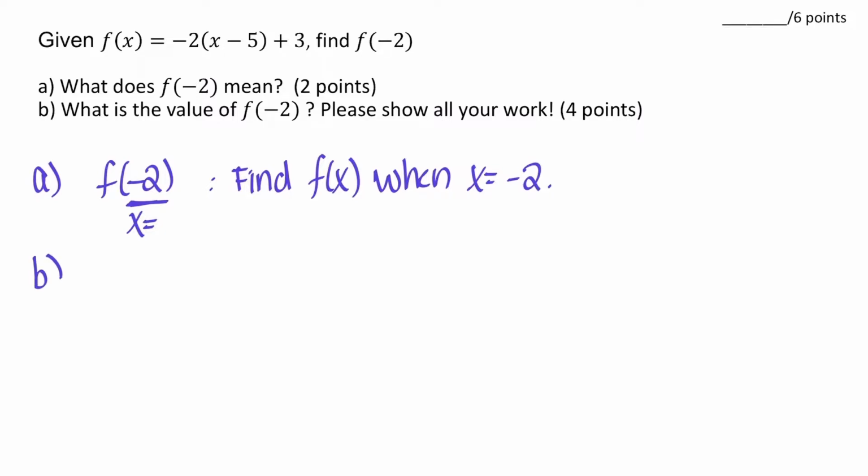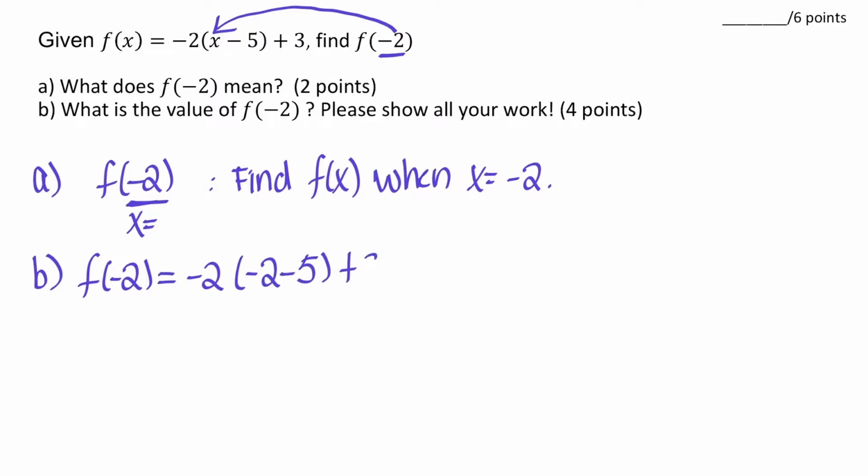Now let's find the value of f of -2. To do this, I'm going to go to my equation and plug in a -2 everywhere I see x. So this becomes f of -2 equals -2 times -2 minus 5 plus 3.